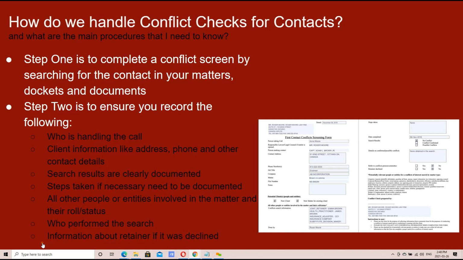And of course, if you're not going to engage with this client, articulating that as well, saying that you're not planning to move forward and you have declined, let's say, a retainer, as an example. So these 3 or 4 important pieces of information become critical in the data components of that conflict screening form.